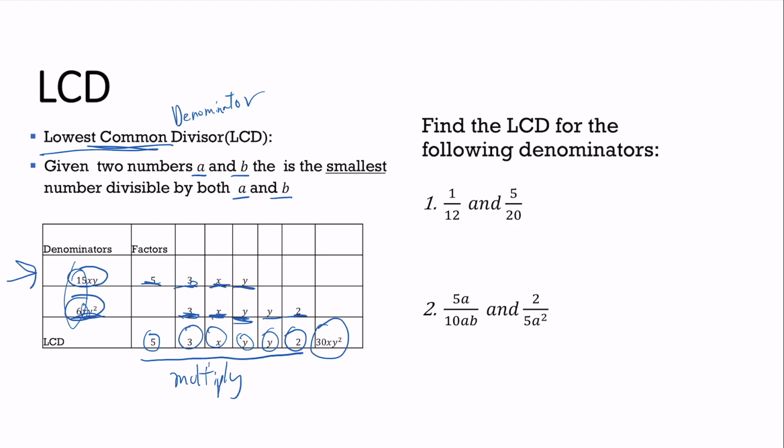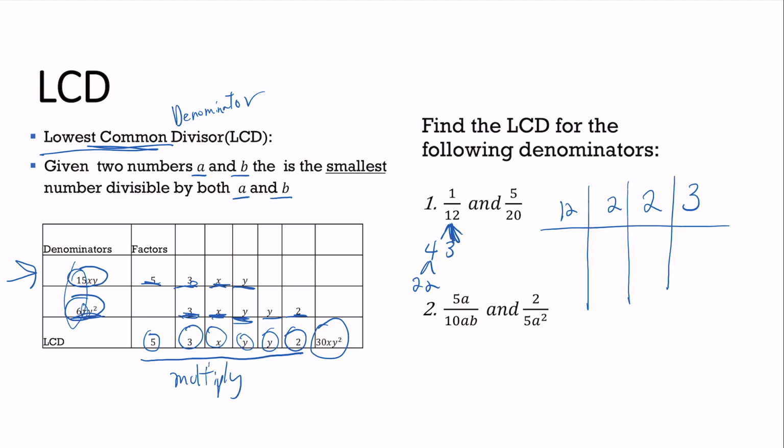So for 12, I know that 12 factors into 4 times 3, and 4 factors into a 2 and a 2. So the factors of 12 are 2 and 2 and 3. And 20 factors into 2 times 10, which is 2 times 5.